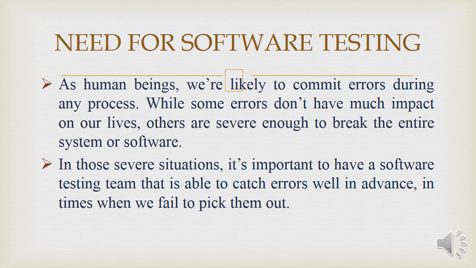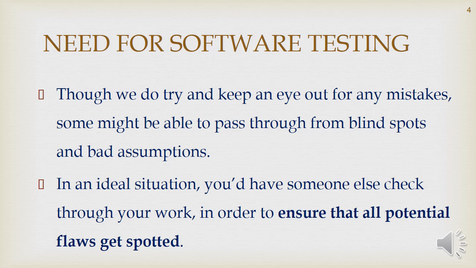In such severe situations, it is important to have a software testing team that is able to catch errors well in advance. Though we try to keep an eye out for any mistakes, we are prone to make them. We are not conscious enough to get past our blind spots and bad assumptions.